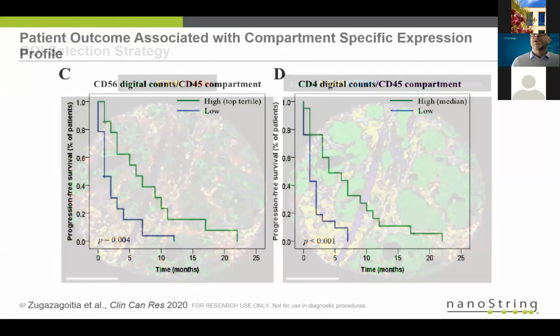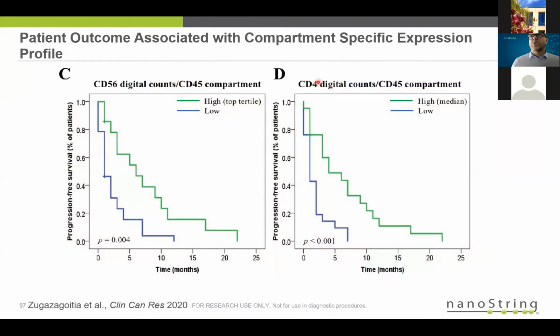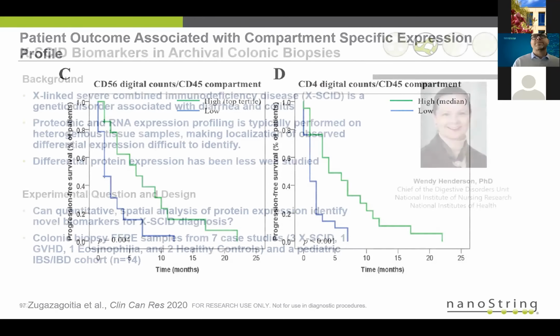What they ended up finding is that in CD45 compartments, upregulation of CD4 and CD56 improved progression-free survival in these patients. But really, it's the TMA cores, biological replicates, and the capabilities of that ROI selection.